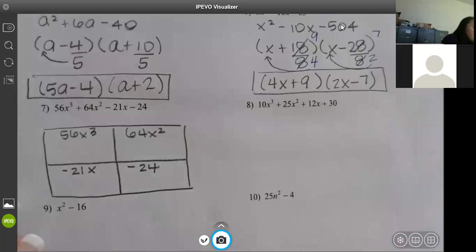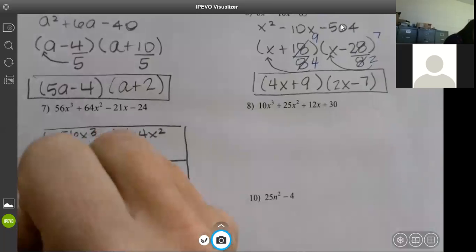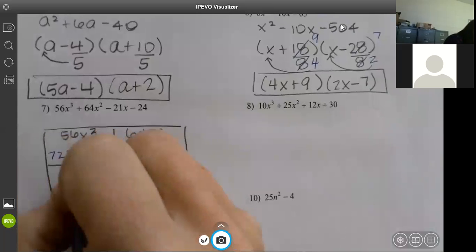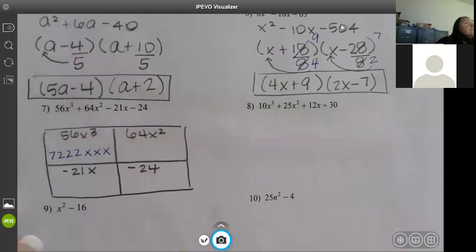When we break it down, 56 is 7 times 8. So a 7 and 3 2s and 3 x's.